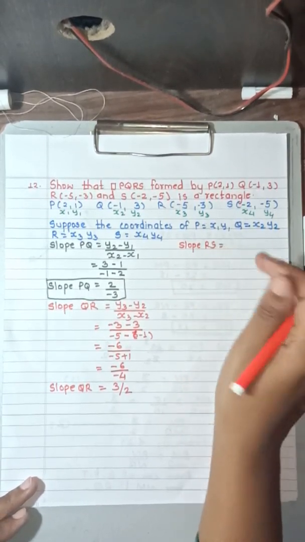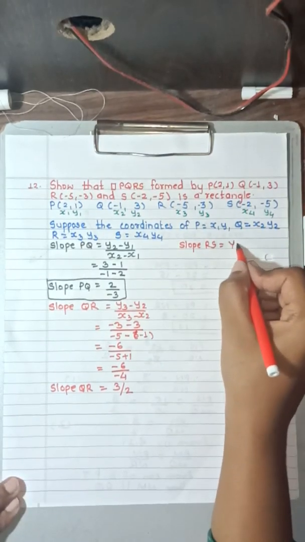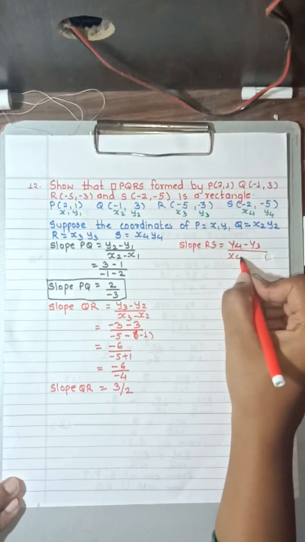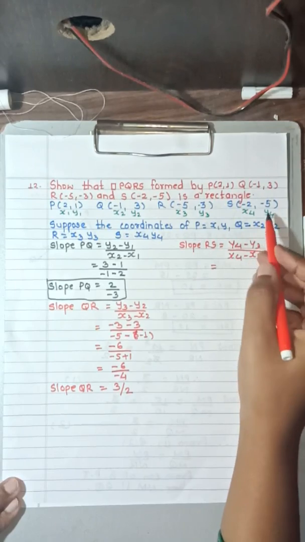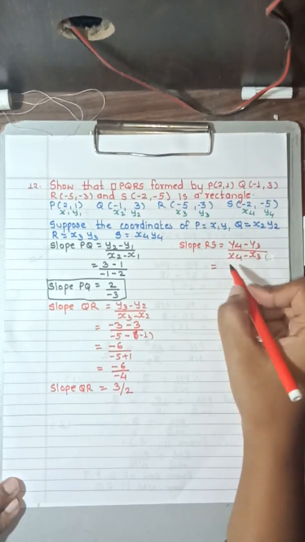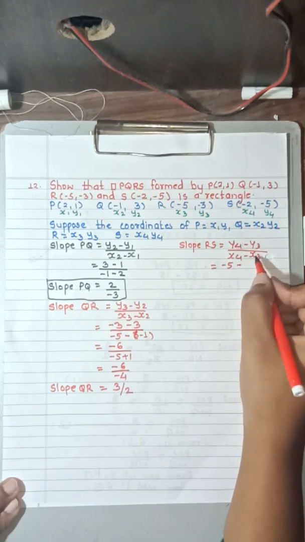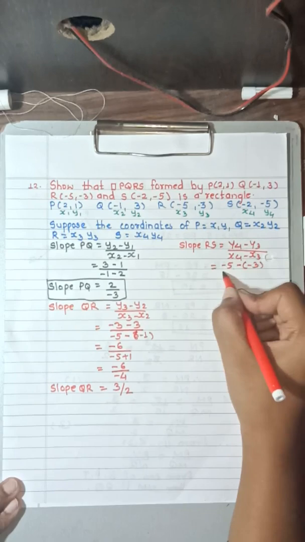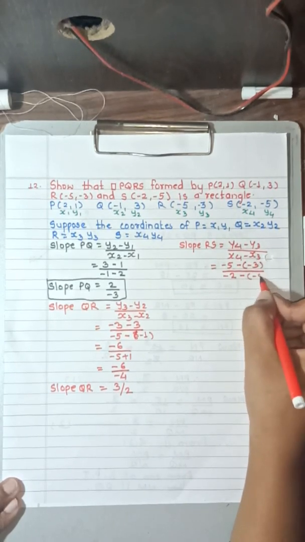So you can see RS. So here the formula will be y4 minus y3 upon x4 minus x3. Now y4, so what is y4? y4 is minus 5 upon minus y3, sorry, x3. y3 is minus 3 upon x4 is minus 2 minus x3 is minus 5.